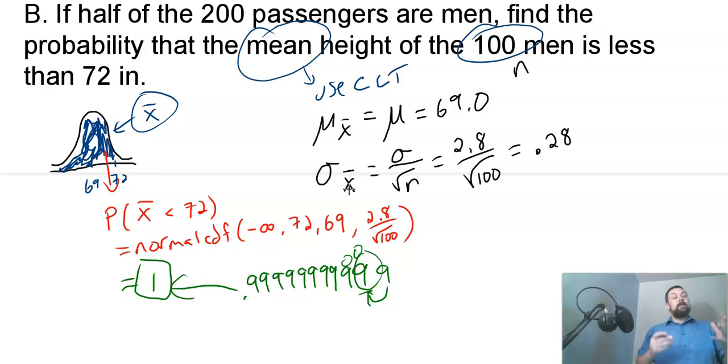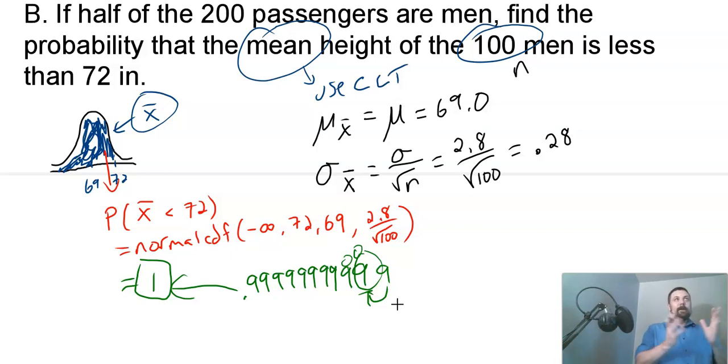So it's not literally certain to occur, but it's practically certain that in a group of 100 randomly selected men, the average height would be less than 72 inches. So for my StatLab, when it asks for this answer, you're going to type in 1, because wherever it wants you to round, there are so many nines that it goes off the charts on the calculator.